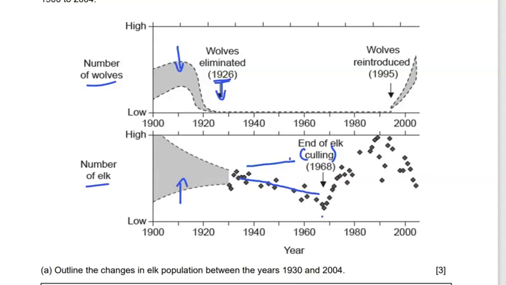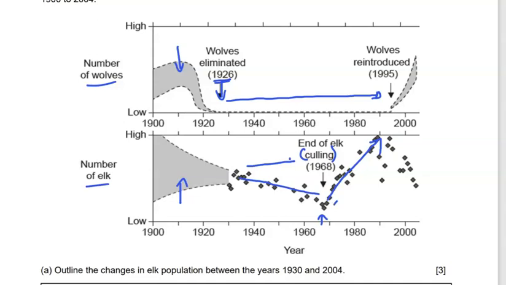And then that ends in 1968, and notice the radical increase in the number of elk at that time. So with no wolves present during this entire period, what we see is a slight decrease due to human culling, and then an increase when that culling is stopped.